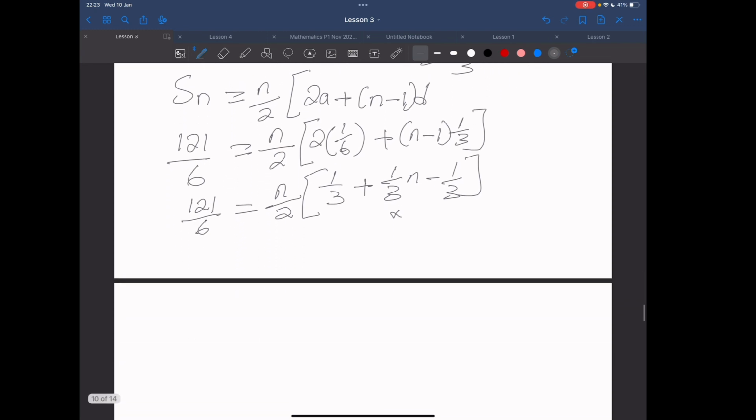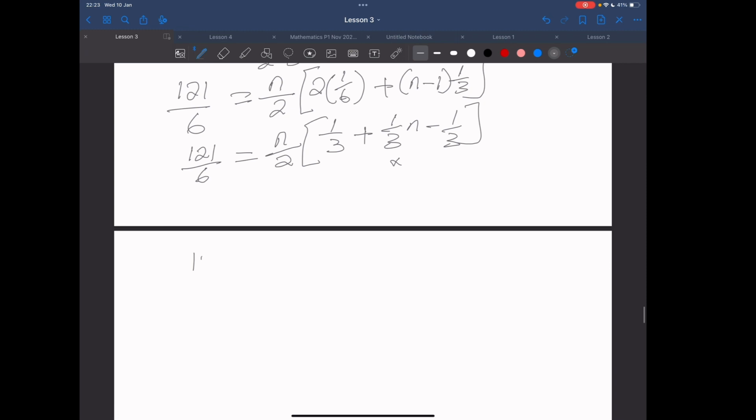So we have 121 over 6 equals n over 2 multiplied by 1 over 3n, which will give us 1 over 6n squared. Multiplying by 6 on both sides, we have n squared is 121.